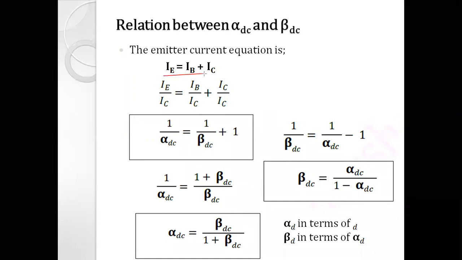When we divide this equation by IC on both sides, we get IE divided by IC on the left hand side, and on the right hand side we get IB divided by IC plus IC divided by IC.